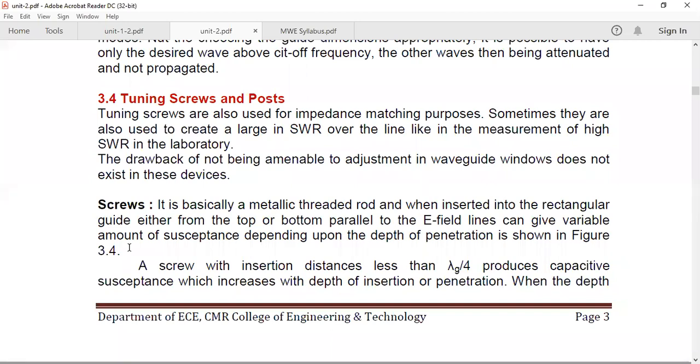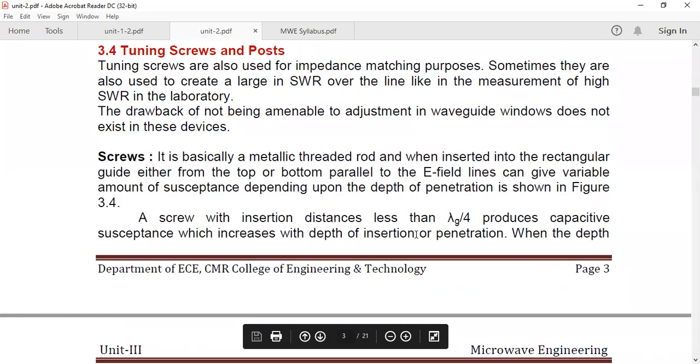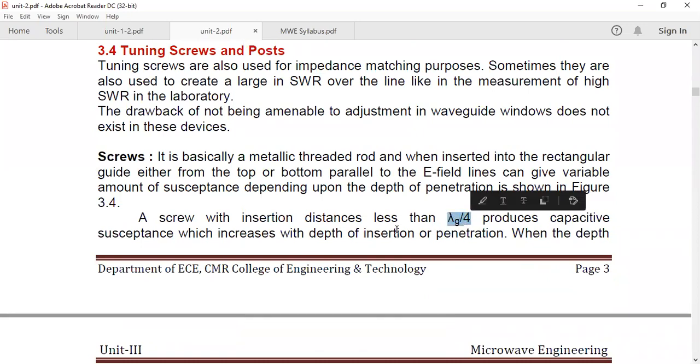Based on that, we can observe the inductance and capacitance values. Here with the tuning screw, now see, we can insert it at the lambda g by 4 distance, and then it will proceed.